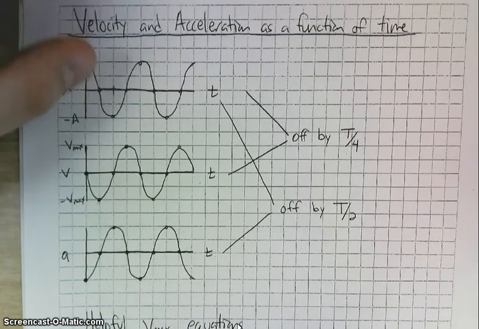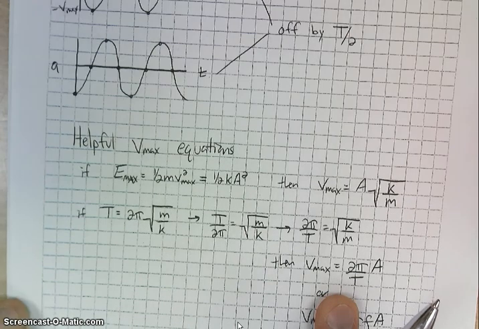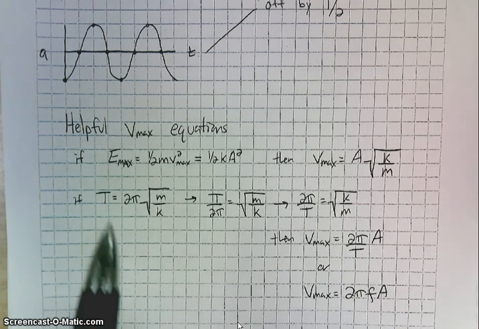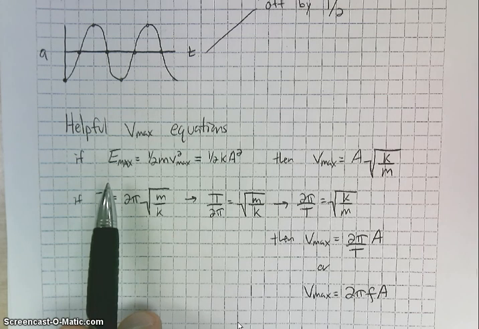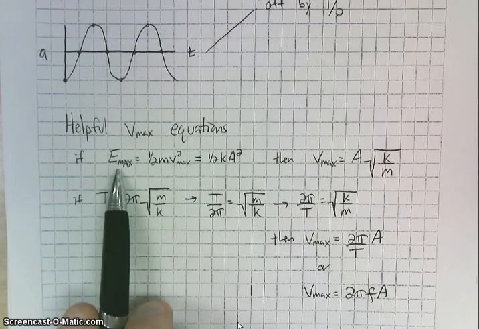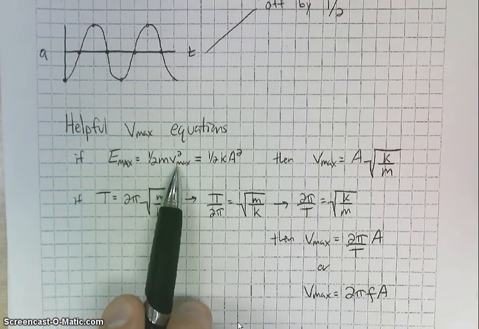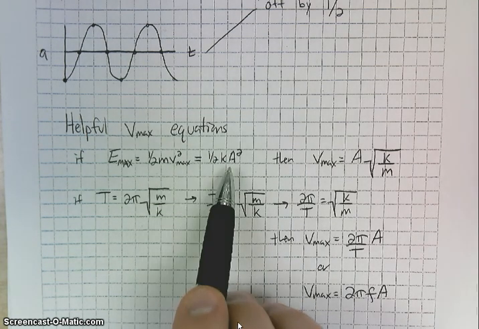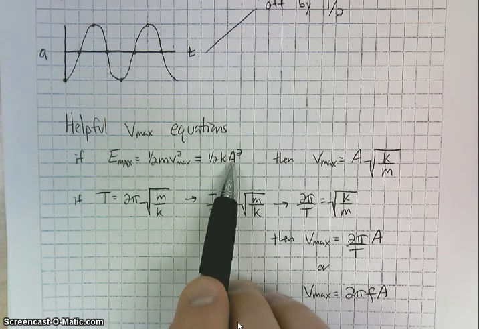Now I've also got on here some other helpful equations, and these are mostly for AP. I think these come in a little more handy for AP. But here's a couple general maximum velocity equations. We know that for any horizontal oscillator, you get the maximum amount of energy either when you have the maximum kinetic energy, because right in that middle point, when the spring is not stretched at all, all the energy contained in it would be kinetic, or when it's not moving at all, meaning when it's stretched at the very end, it could be all elastic.